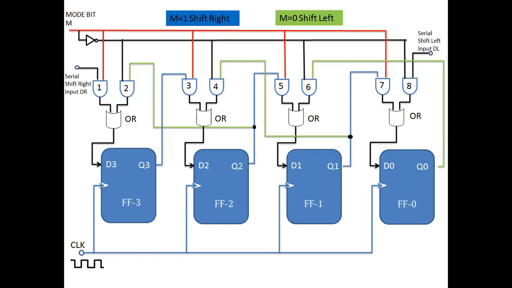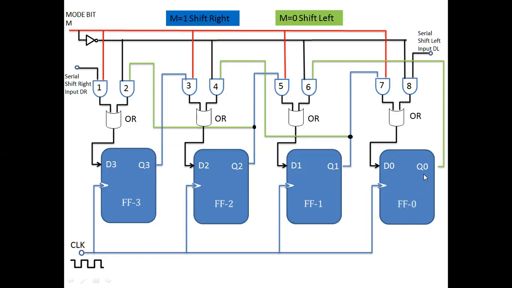Now to shift the data to the left, we consider M equal to 0. Then AND gates 1, 3, 5 and 7 will be disabled, and by using the NOT gate, the control line connected to AND gates 2, 4, 6 and 8 makes those gates enabled. The data goes through AND gate 8 and the OR gate to the D0 input of the first flip-flop, FF0.